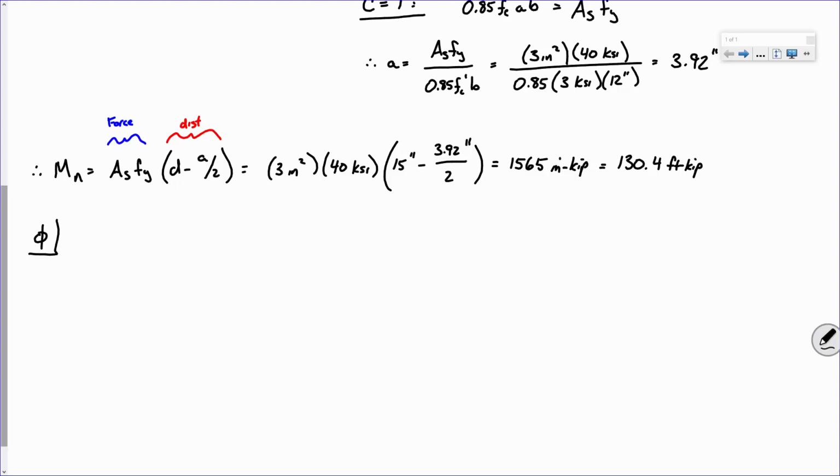All right, we've got an A of 3.92 inches, and remind me, what was beta 1? 0.85. So if A is beta 1 C, how do we calculate C? A over beta 1. So 3.92 inches over 0.85 gives us what?